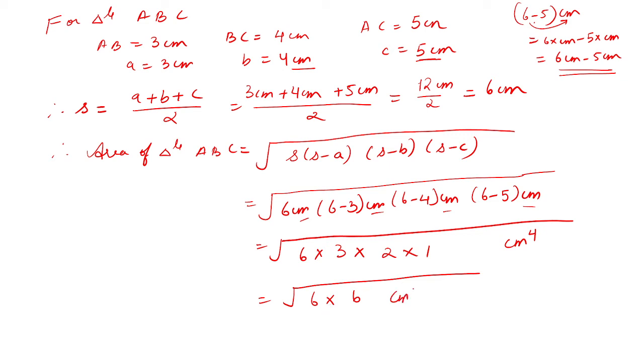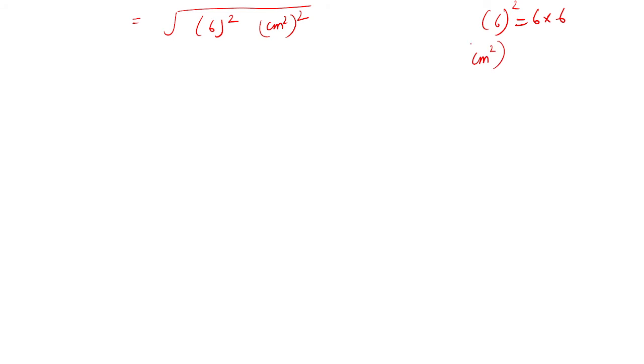You have centimeter 4. So finally, you can write this as 6 square. Because what did I tell you about 6 square? 6 square is the same thing as 6 into 6. Centimeter square to the power square. What does this mean? That means centimeter square into centimeter square.